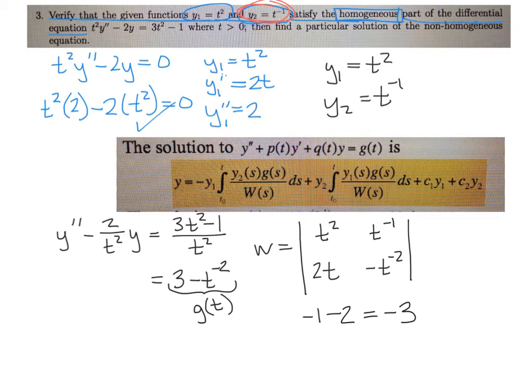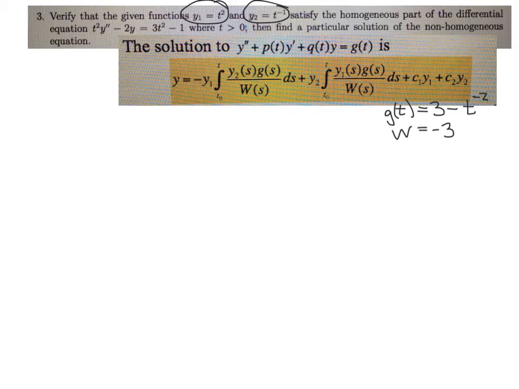All right. I'm going to go to a new page here. Okay, so I've written down our equation here, our y1, our y2, our g after dividing by that t squared, and our Wronskian. Now we have to plug everything in. This one does just ask for the particular solution, so I'm not going to worry about that homogeneous part of the solution.